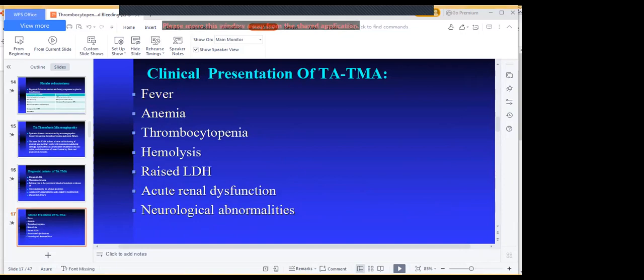And clinical presentation of transplant-associated thrombotic microangiopathy are fever, anemia, thrombocytopenia, hemolysis, raised LDH, acute renal dysfunction, and neurological abnormalities.